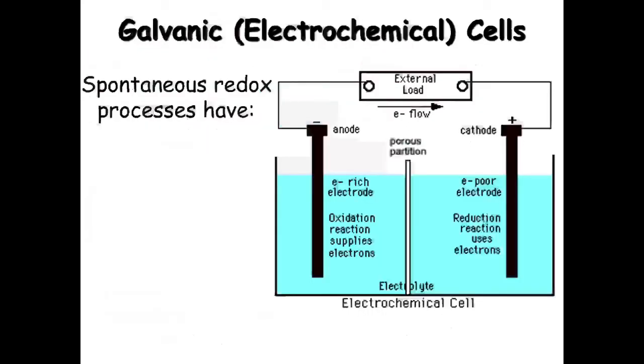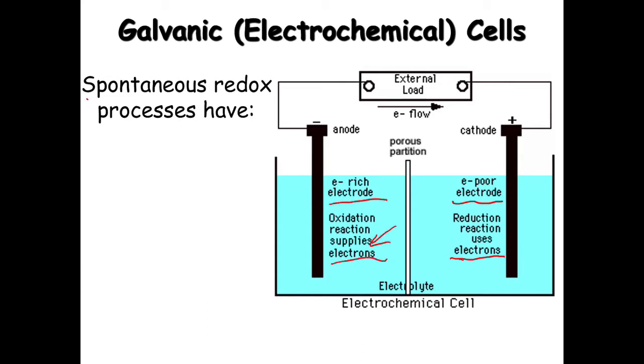A galvanic or electrochemical cell is going to be a spontaneous redox process if we see that the cathode is electron poor, so reduction goes on there and it uses the electrons, and the anode is electron rich, so oxidation will occur there.